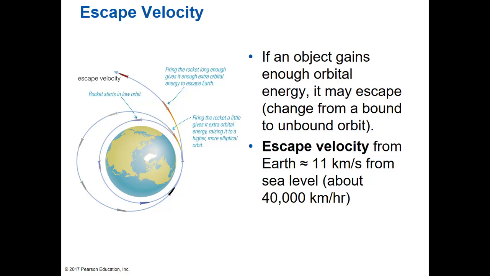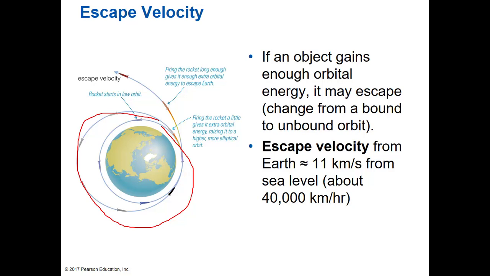Remember, when we talked about the orbital velocity, if you throw an object at a certain velocity horizontally, and you have enough speed, then it may keep moving into an elliptical or circular orbit. But now, if you throw with a much higher speed, what will happen?